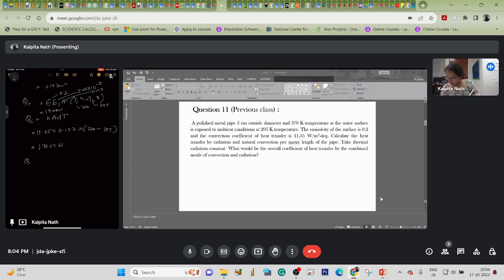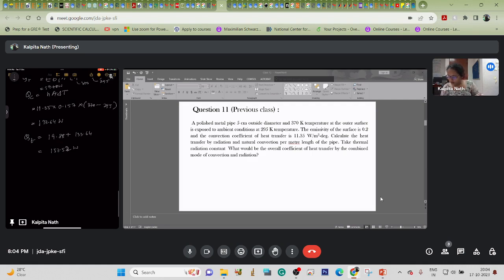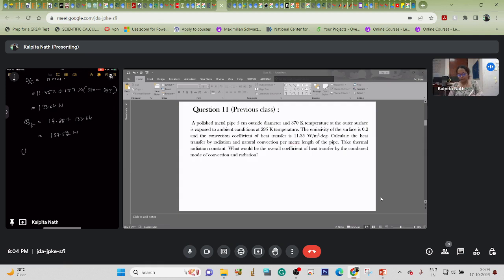Now Q total is equal to 19.88 plus 133.64 watt, that will come out to be 153.52 watt. Now we need to find the overall coefficient of heat transfer by the combined mode of convection and radiation. So U, the overall heat transfer coefficient, we need to find out.